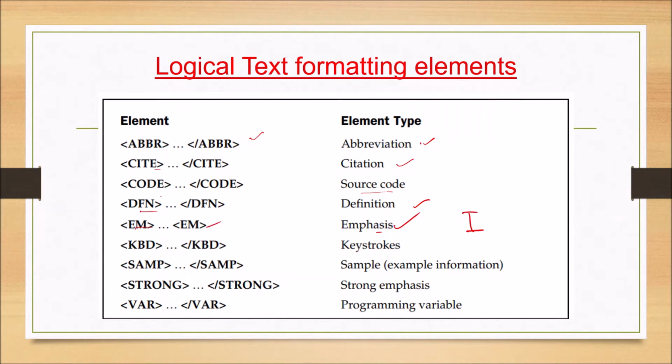KBD tag, that is for keystrokes, SAMP tag, that is for sample, and strong tag, which is for strong emphasis, which is similar to bold tag, and then we have var, which defines programming variables.